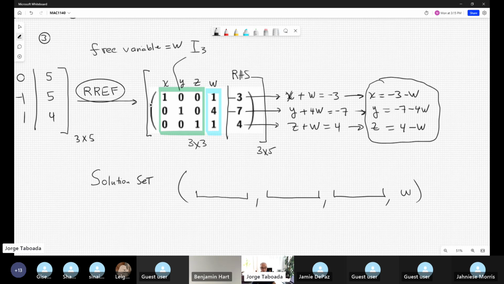W is free, any real number. You copy inside these containers minus 3 minus w, minus 7 minus 4w, and 4 minus w. Boom, I finish. Infinitely many solutions, one free variable w, and the mathematical expressions for the non-free variables are these. Boom, end of story.